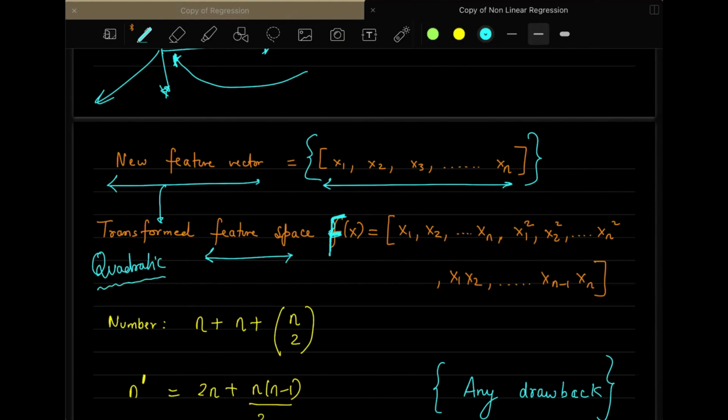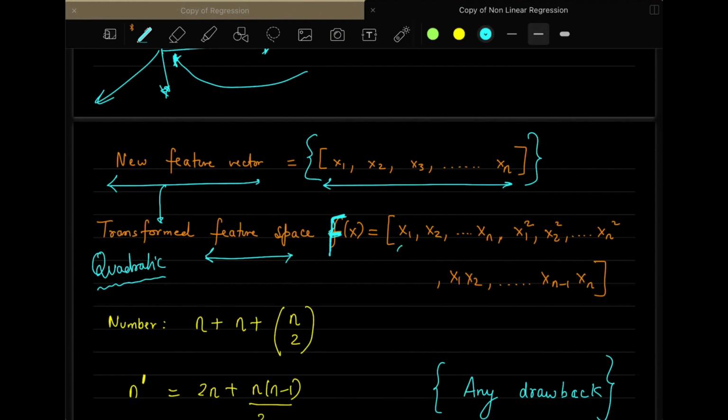If you want, you can go to cubic features also. It only depends upon your intuition, but for quadratic features I am trying to make a case, and it will remain the same for all of them.